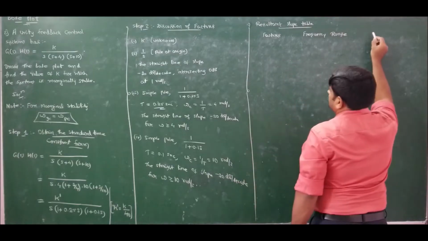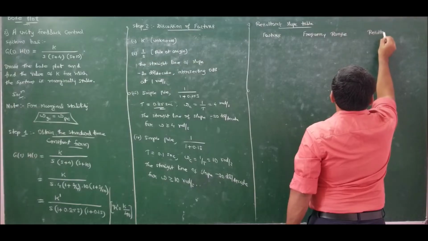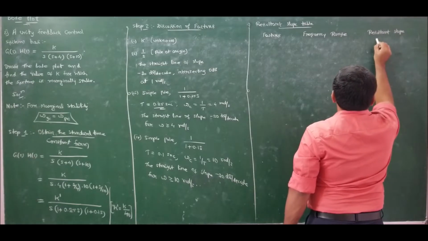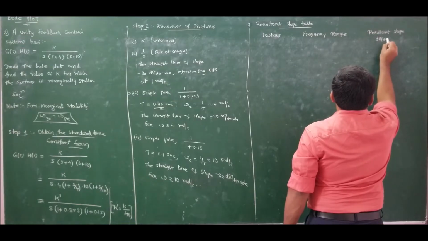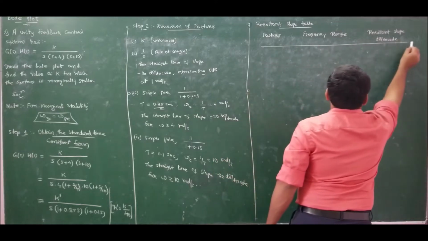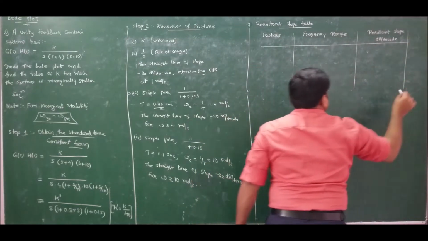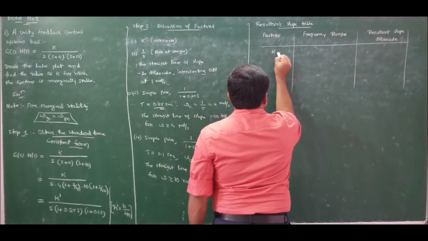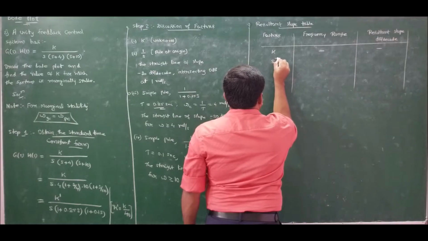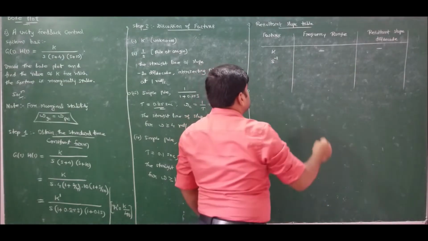And then we have resultant slope, resultant slope in decibels per decade. So first factor is k. We don't know what is its value. Next factor is one pole at origin, that is S inverse.